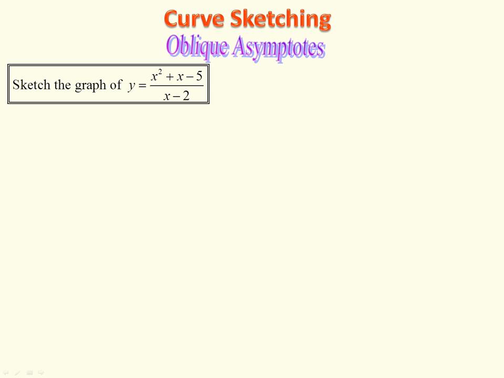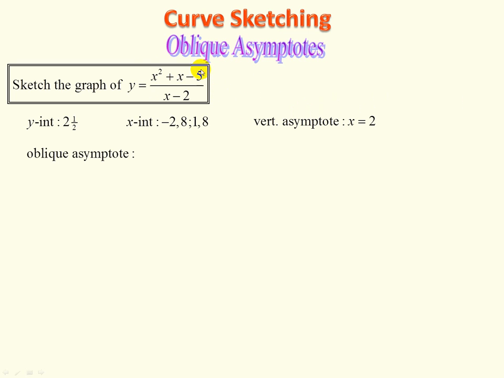Okay, let's go through this one briefly. Y-intercept 2.5. X-intercept negative 2.8, 1.8. To set it equal to 0, I had to use the quadratic formula. Vertical asymptote, x equals 2. There we are. As x tends to 2, that tends to infinity. Oblique asymptote.